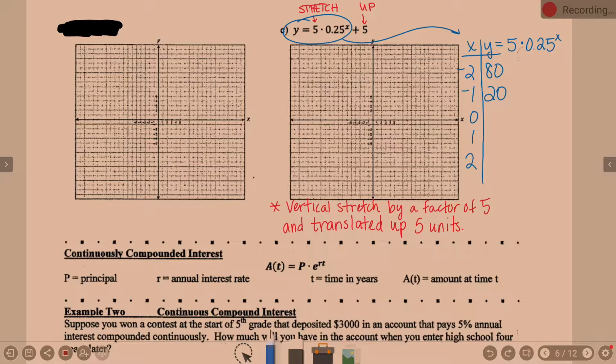You could technically put 0 in without your calculator. 0.25 to the 0 is 1. 5 times 1 is 5. 0.25 to the first is just 1/4 times 5. So you could say 5/4. Your calculators are probably telling you 1.25 though, aren't they?